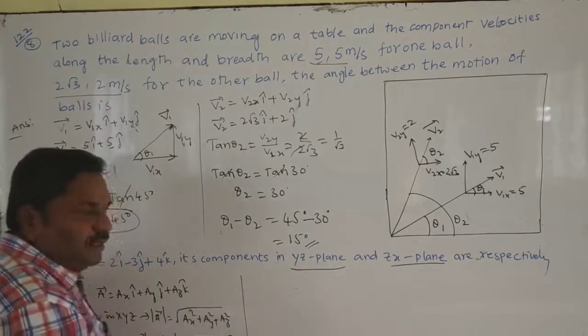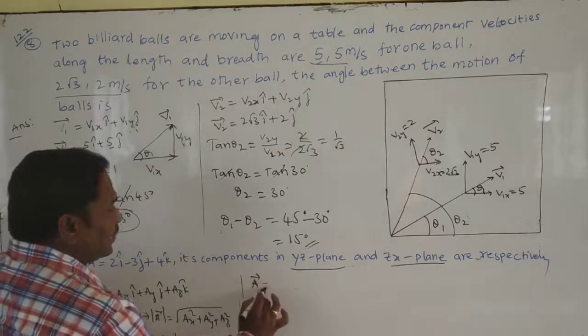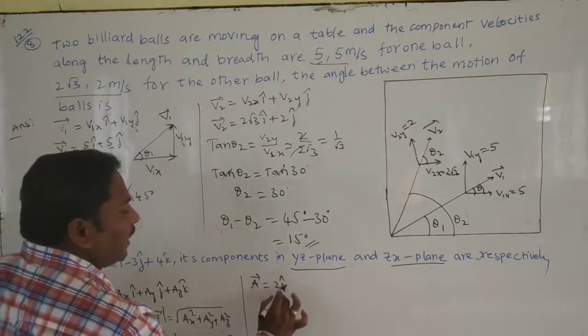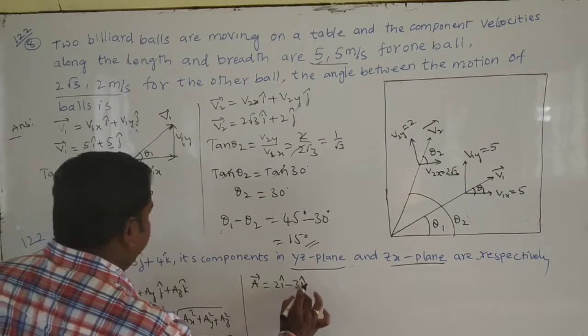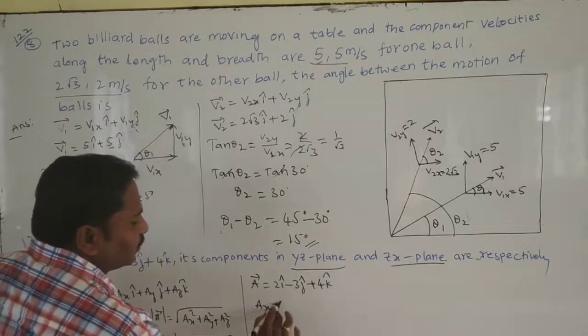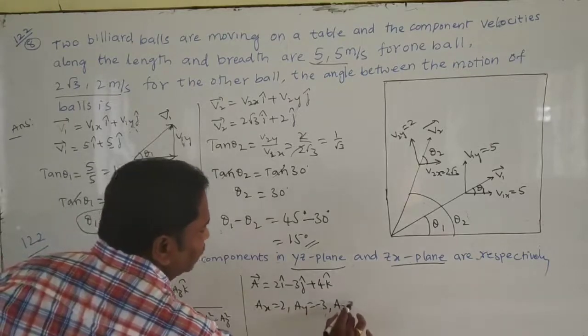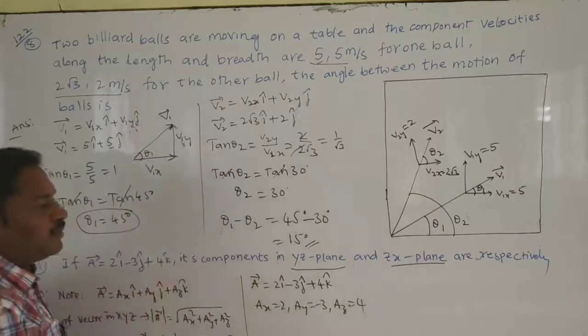Here the given vector is A bar equals 2 i cap minus 3 j cap plus 4 k cap, so Ax equals 2, Ay equals minus 3, Az equals 4.